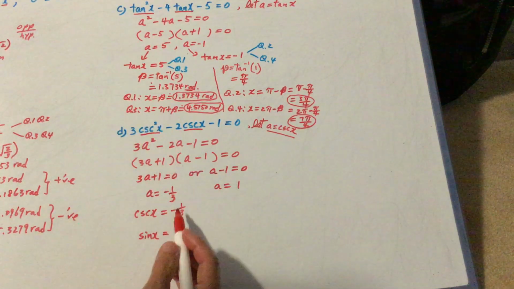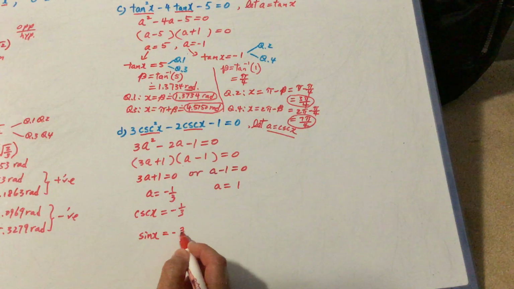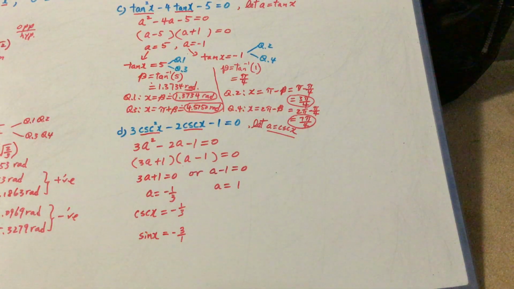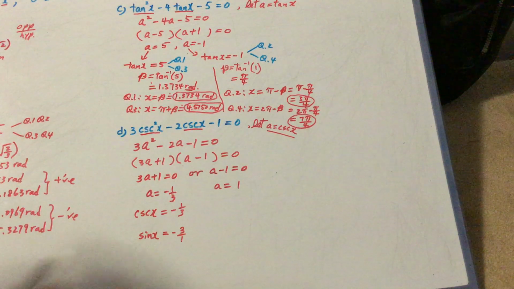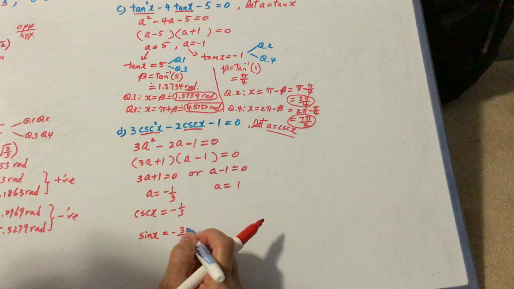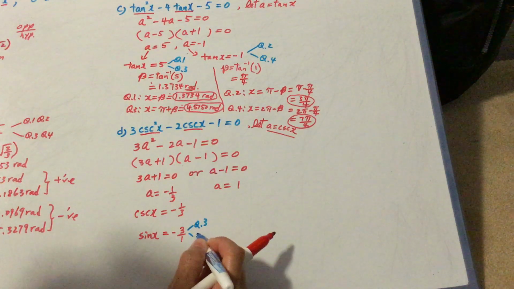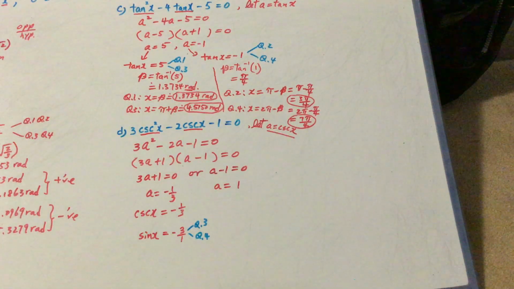When you flip 1 divided by that, the negative won't change, but now you have negative 3 over 1. So sine x is negative, which means according to the CAST rules, I have quadrant 3 and quadrant 4.